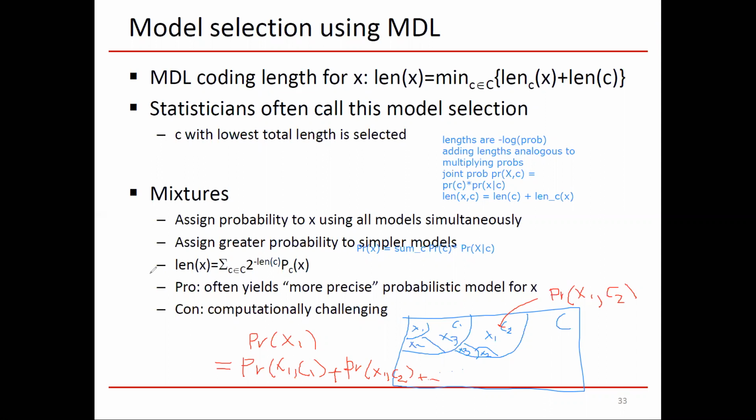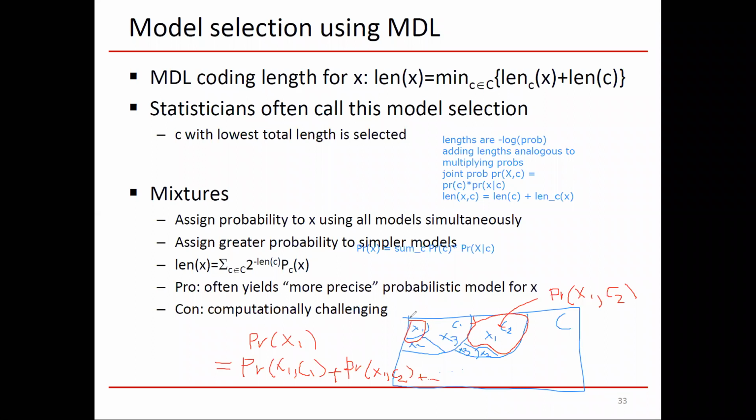So maximum a posteriori would have returned, if this is among the joint probabilities of some C with X, the one with the largest probability, the largest area, where area in my schematic is proportional somehow to probability. If that's the largest, this is the area that MDL chooses. This is the probability that MAP chooses. However, the mixture chooses the sum of that and this and other appearances of X1.